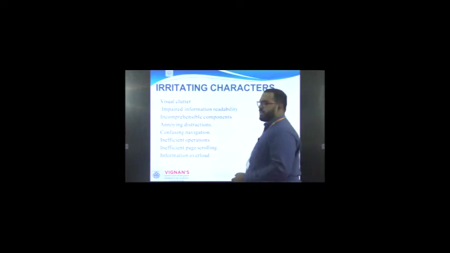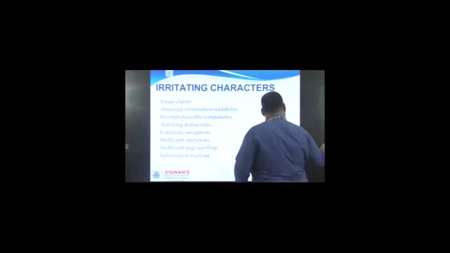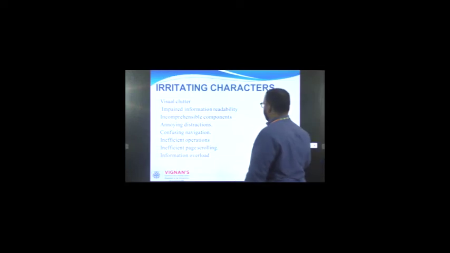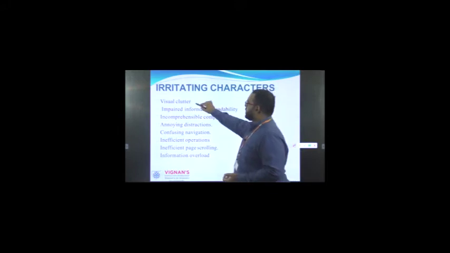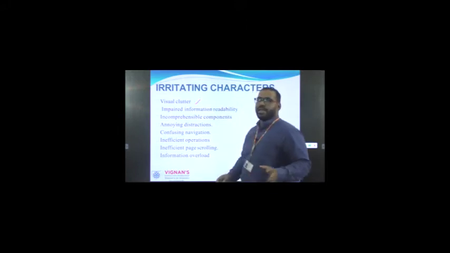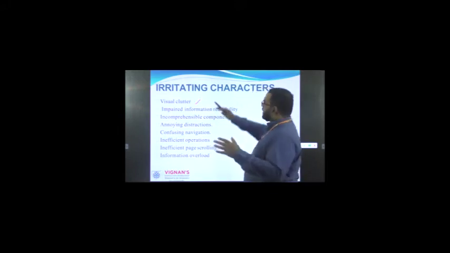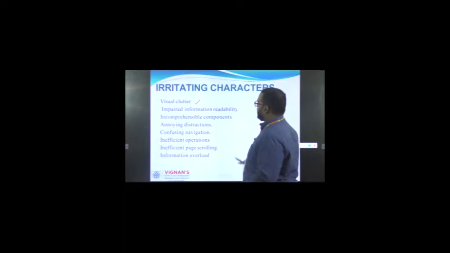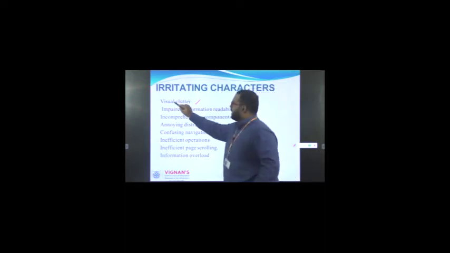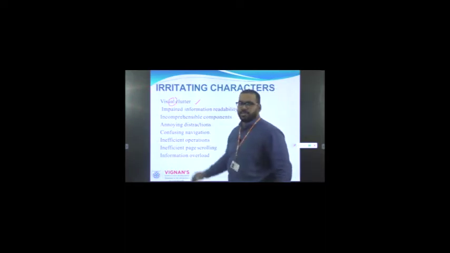We are talking about the things which will create irritation while we are using a particular user interface. Suppose the visual clutter is like white spaces. Suppose you are seeing this UI, and this part visible at this point is in white space.